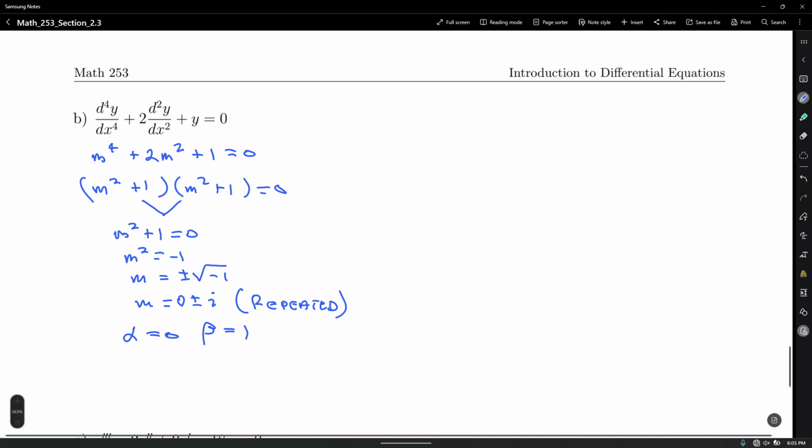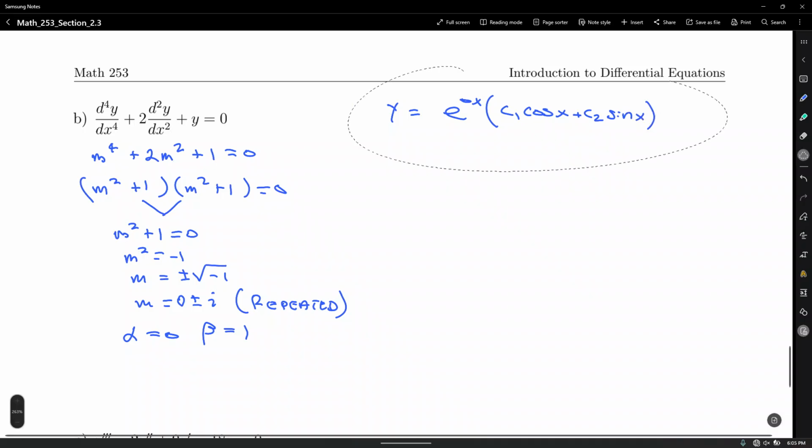Okay, guys, because we have a repeated solution, that's going to be y equals e to the 0x times c1 cosine x plus c2 sine x.